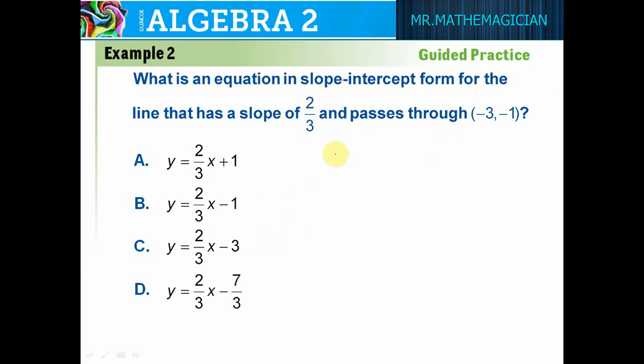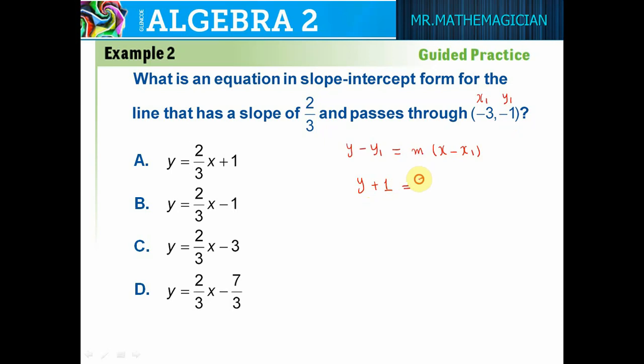So we are given a slope and a point, so it's better to start with the point-slope form. Point-slope form is y minus y1 equals m times x minus x1. So this is x1, y1. So this is y minus y1, which has a negative sign, so plus 1.